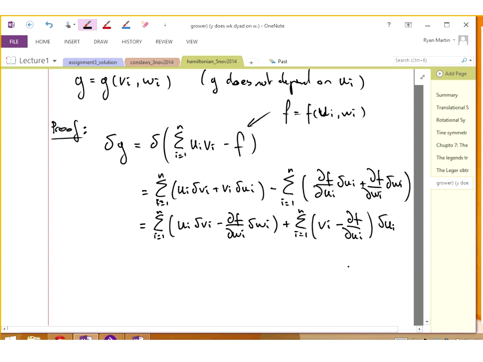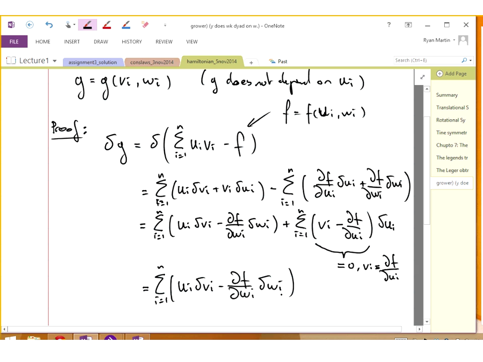Okay. So again, this term here is equal to 0 because vi is defined to be ∂f/∂ui. And so I find that delta G is equal to the sum from i equals 1 to n of ui delta vi minus ∂f/∂wi delta wi.